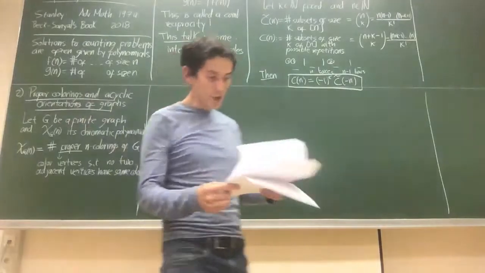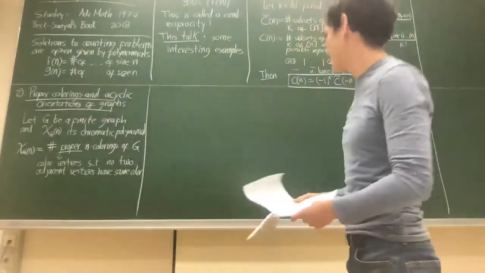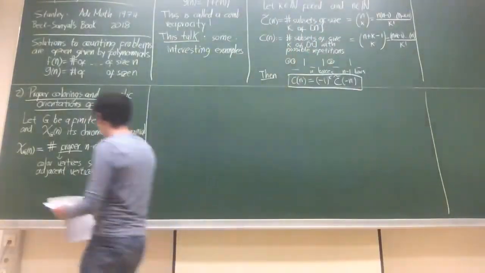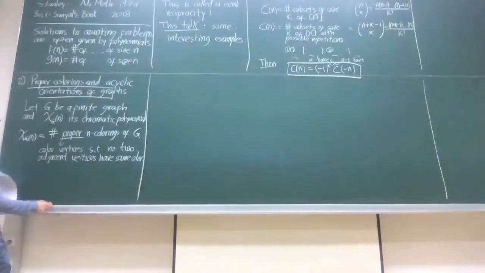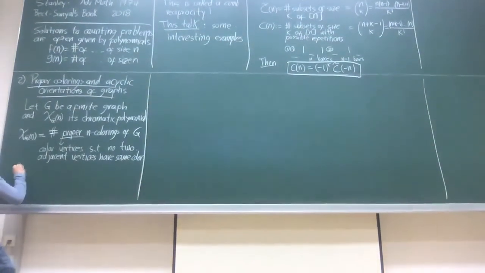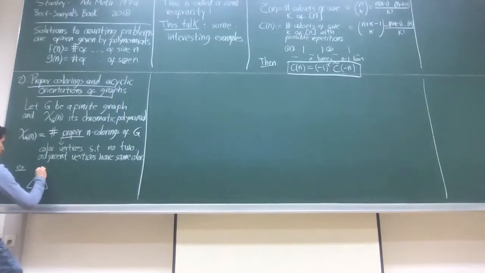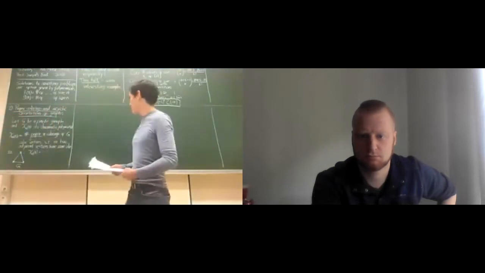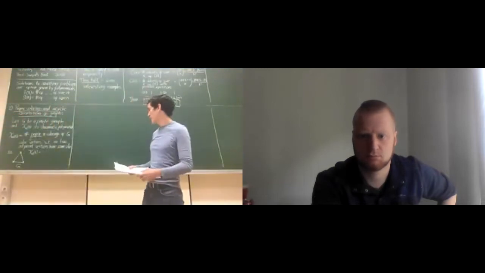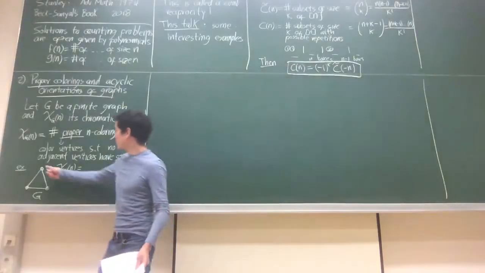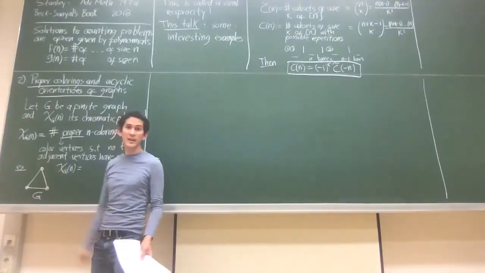Okay, so let's see how this is in an example. Let's do a very simple example. For example, let's take a triangle, and I want to compute the chromatic polynomial. I have to color the vertices with the numbers from 1 up to n, and I want all of them to be different because they are all connected by an edge.